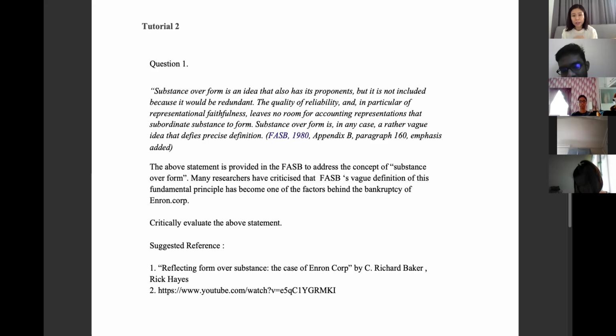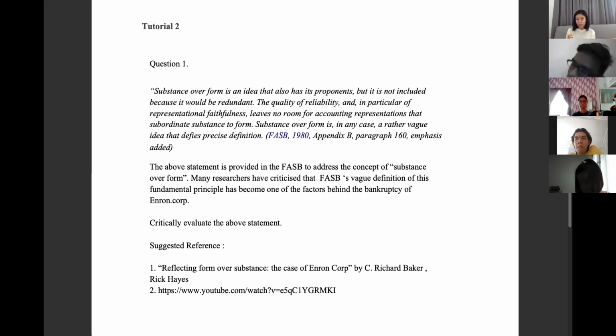Okay, so after that, you can explain a bit about this substance over form. Okay, what is mentioned inside the International Accounting Standards Board? Why is it different between the US and the International Board? And what do other countries focus on? Because I only provided you the statement from the US side.